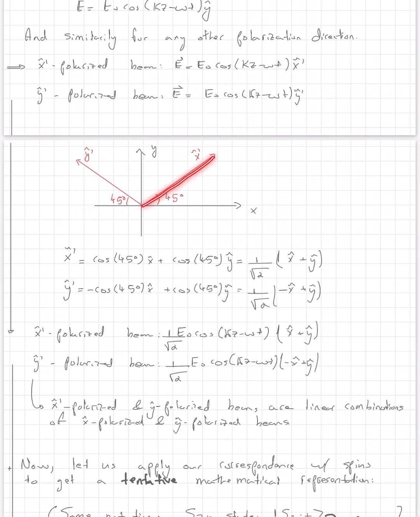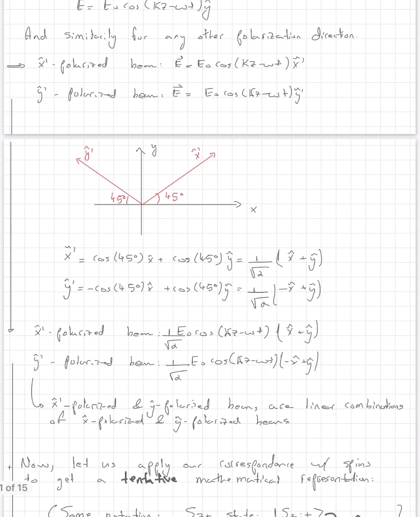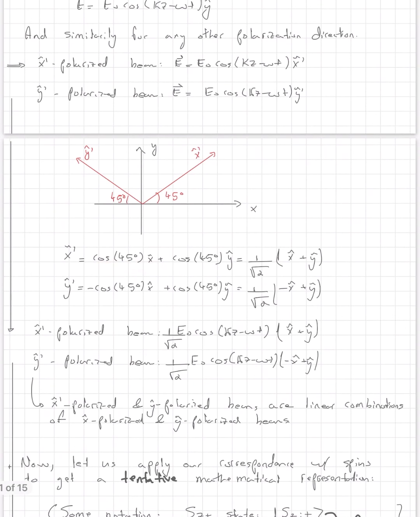We can see that x prime can actually be written as a linear combination of x and y, right? So x prime would just be equal to cos of 45 degrees times x plus cos of 45 degrees times y, which gives us 1 over square root of 2 times x plus y.